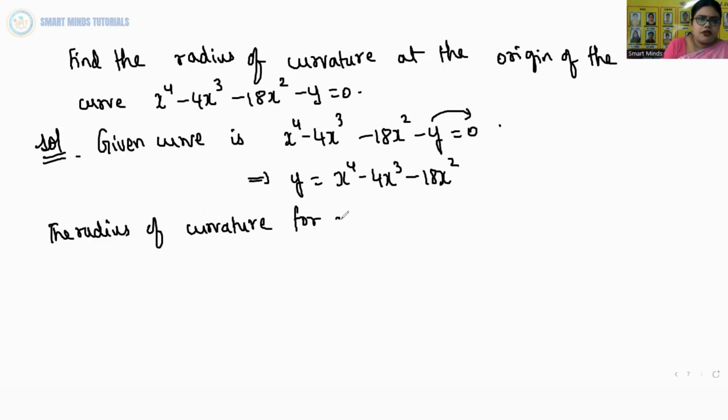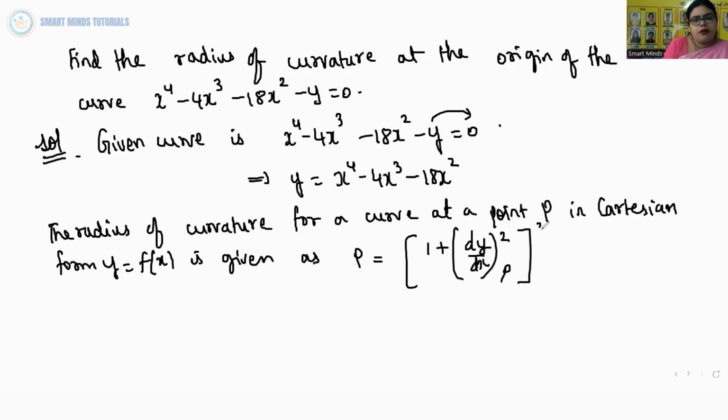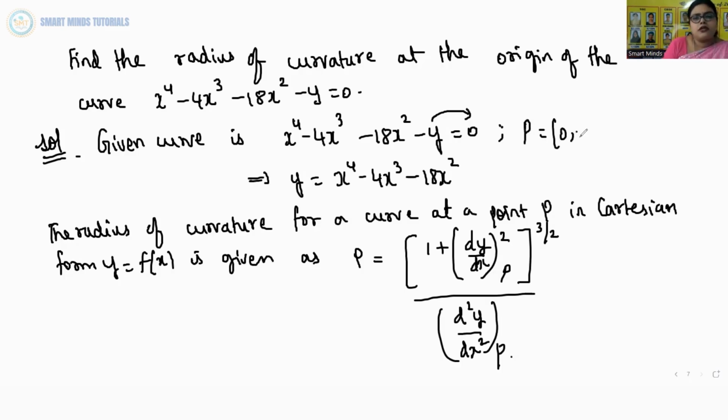The radius of curvature for a curve at a point P in Cartesian form, y is equal to f of x, is given by the same formula: rho is equal to 1 plus dy by dx at a point P square whole power 3 by 2 by d square y by dx square at some point P. And here the point P is origin, that is 0, 0.